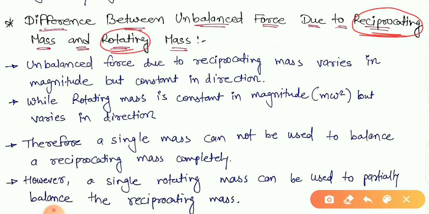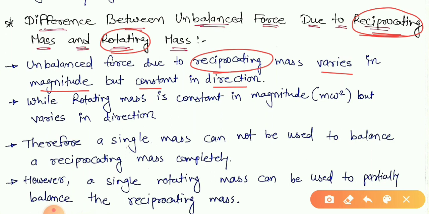Now the unbalanced force due to reciprocating mass varies in magnitude but is constant in direction. As we have seen, it is acting in the direction of piston movement, which means it is acting in the line of stroke. The unbalanced force due to reciprocating mass is constant along the direction of line of action, while it varies in magnitude.